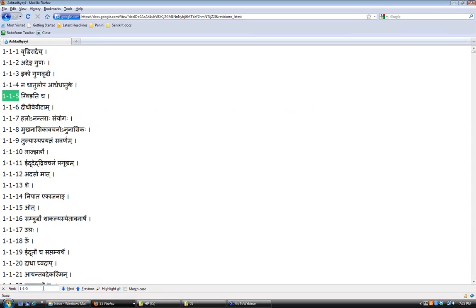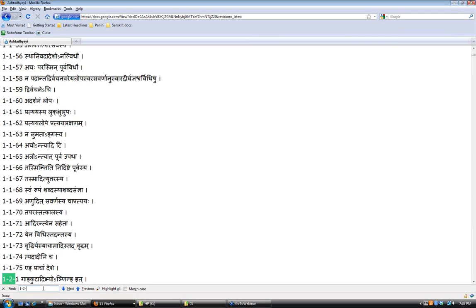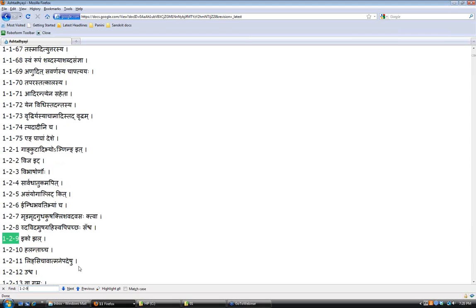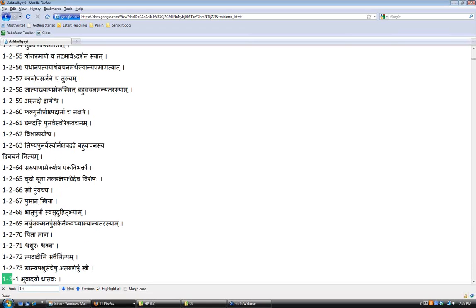The third good news is that because of the nit, there is sarvatra atmanepadam. We spent so much time in the san pratyaya because we had to go through these various conditions where the guna is there, guna may not be there. We have to constantly keep this at the back of our mind. Here we don't need anything because the pratyaya is a nit pratyaya. So guna nishedha. The third good news is that because of anudattanita, only atmanepadam.